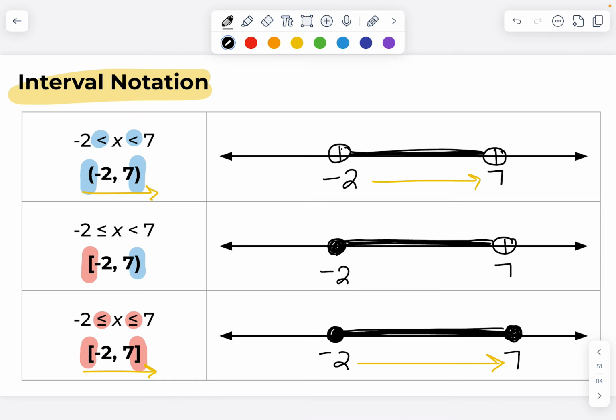I'm going from -2 to 7 on my number line, shading everything in between. So all the values between -2 and 7 are possible answers to this problem. I'm just including -2 and excluding 7 from that shading. Those are some examples where I'm looking between two numbers.